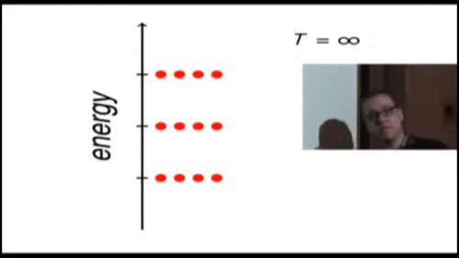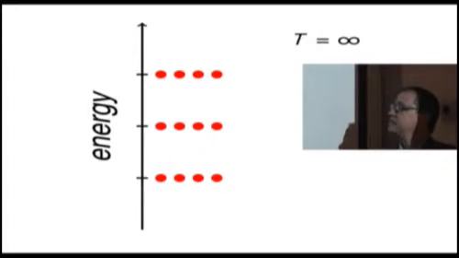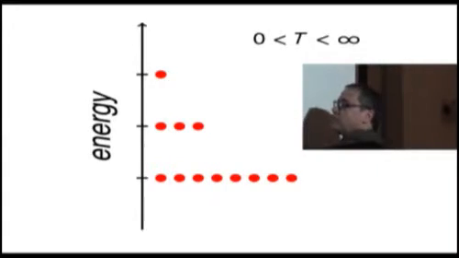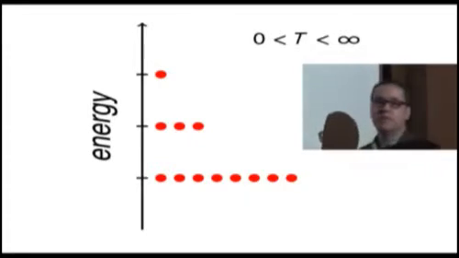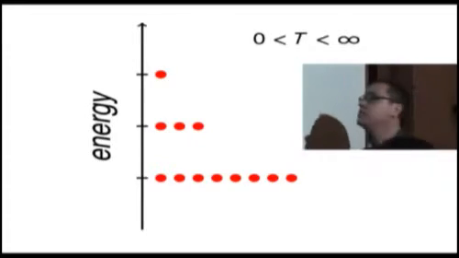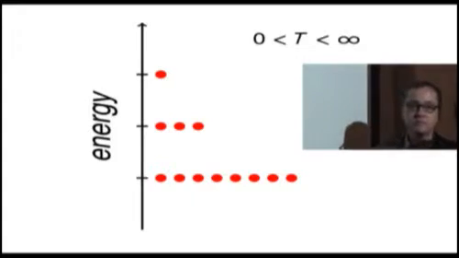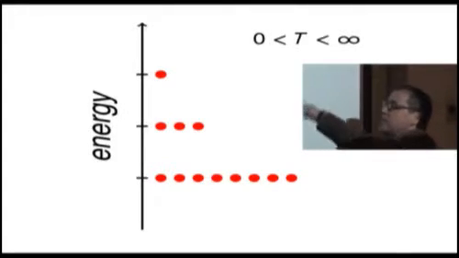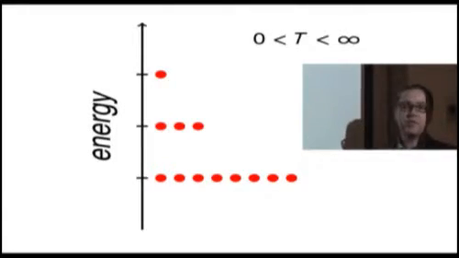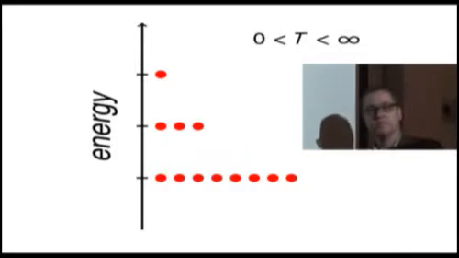And that's an intermediate situation, the thing that I said before. The molecules pile up in the low energy level, there's going to be a few in the intermediate energy level, and fewer still on the top energy levels. That's what happens at an intermediate temperature that is neither zero nor infinity.